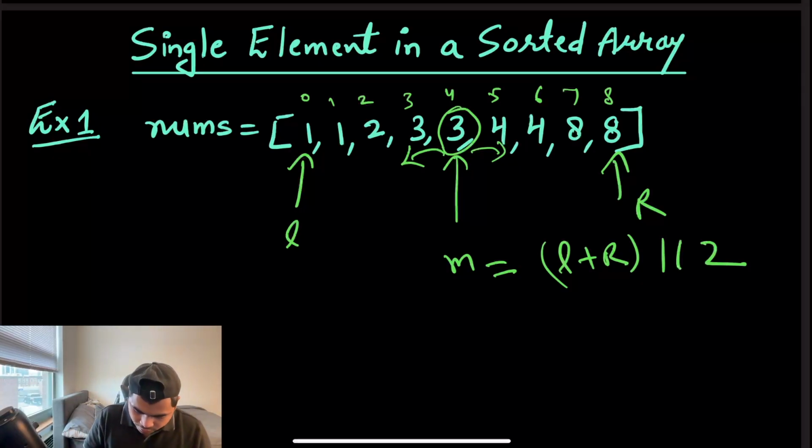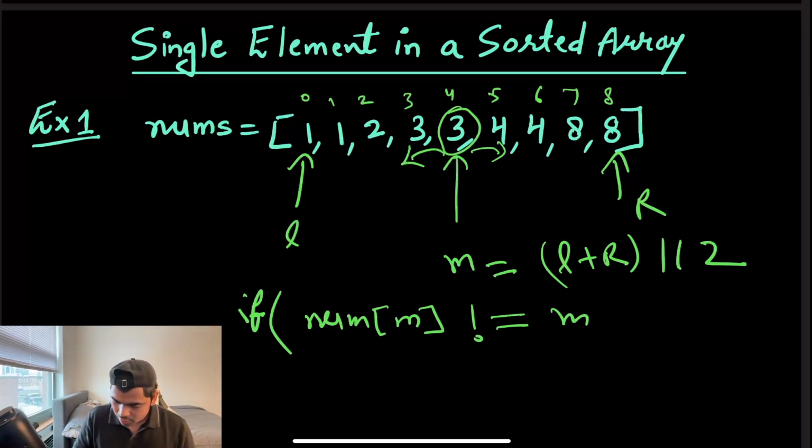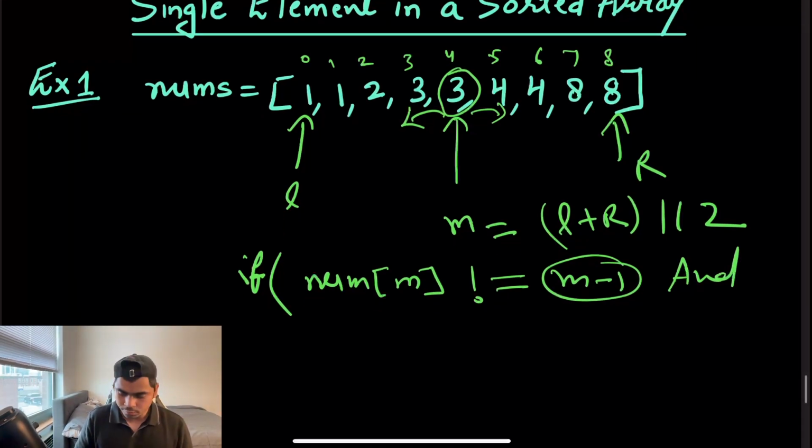So our condition would be: if nums[mid] is not equal to nums[mid - 1], and nums[mid] is not equal to nums[mid + 1].